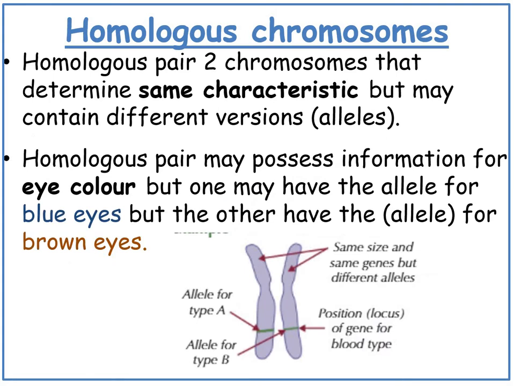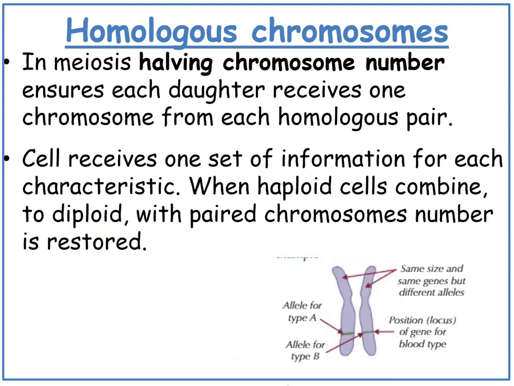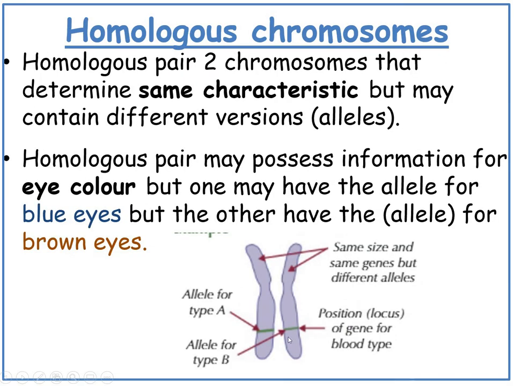A homologous pair is two chromosomes that determine the same characteristic but may contain different versions or alleles. So you can see on this chromosome here, they might have the same genes, so that's the gene for blood group in the same position or locus of the chromosome. You might have the gene for eye colour here in the same position, but there might be different versions of the alleles.